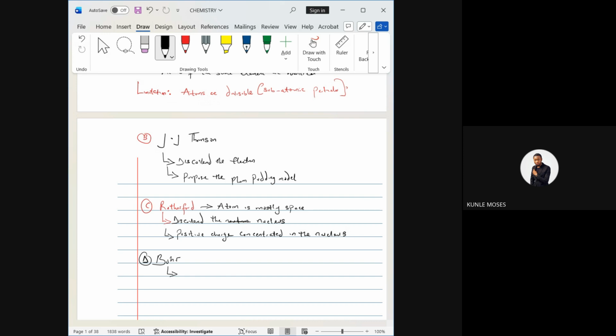And he also explains atomic spectra. It's energy levels.